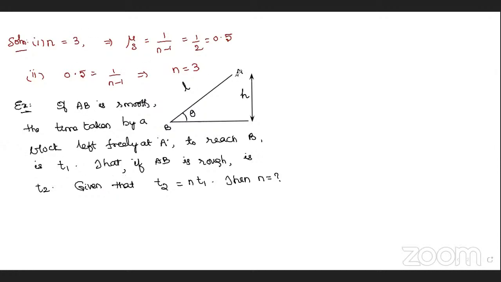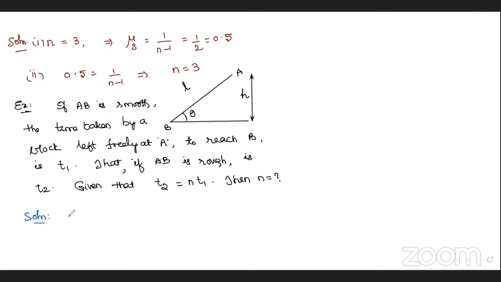So here we have to find, if a block is left freely at A, what is the time taken to reach B on smooth, and what is the time taken to reach B on rough. Long back in the friction chapter, I think I told you all.